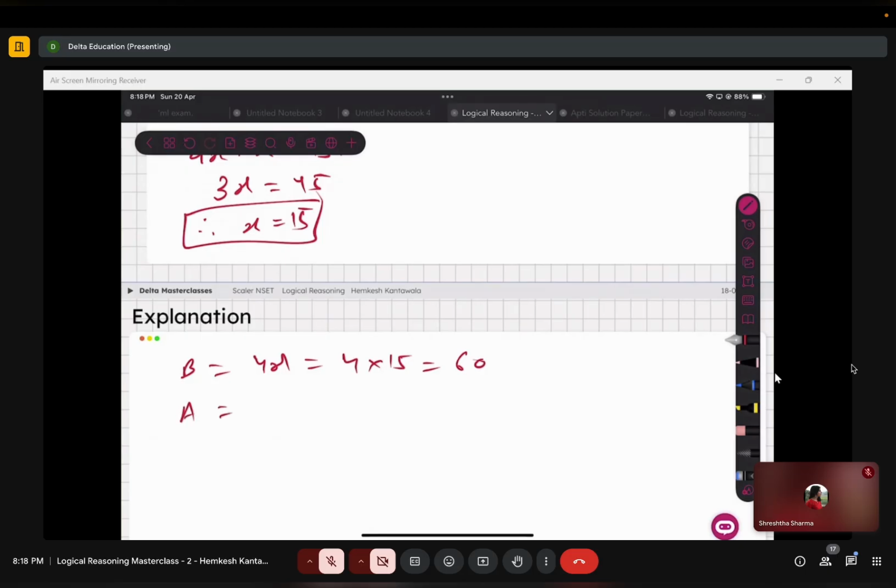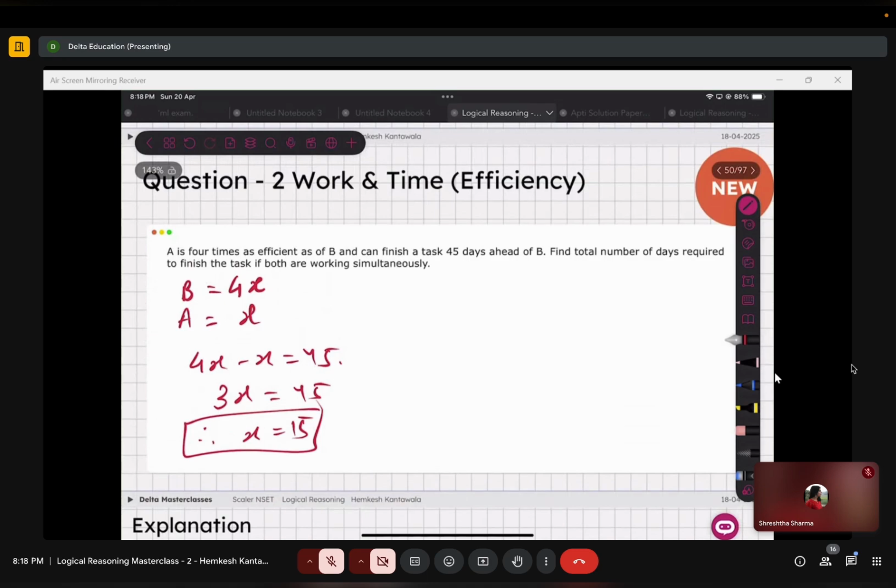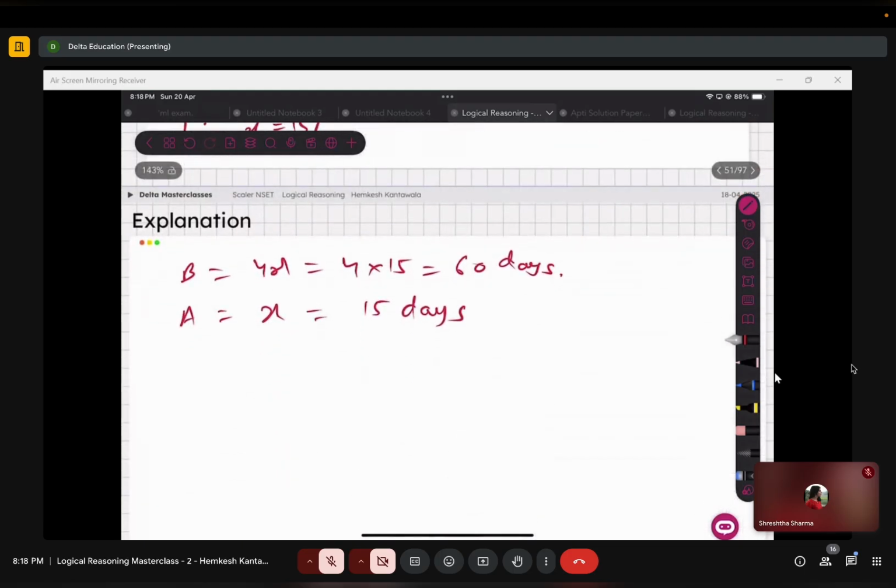A was able to do the same work in x days, which is 15 days. Now, what is asked in the question? It is asked that when both of them do the work simultaneously, how many days would it take to complete the whole work? Again, we need to find the rate.